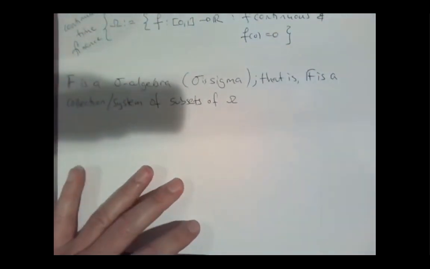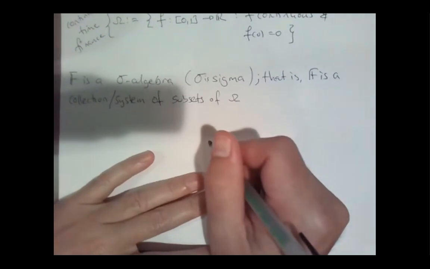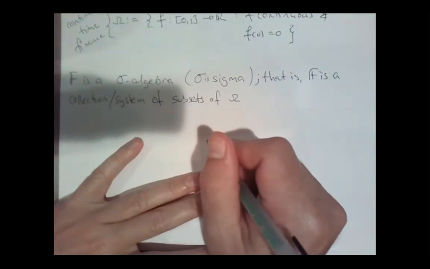Omega was a set of points, and now F is going to be a set of subsets of omega. It's not just any arbitrary collection of such subsets, it has structure.